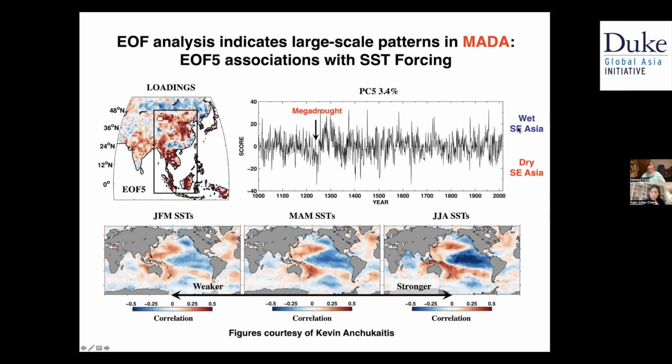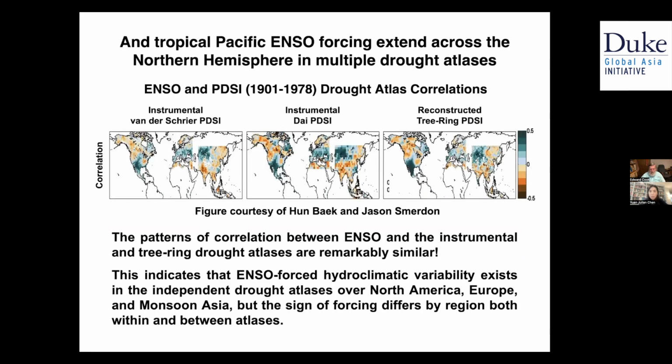We get this kind of seesaw pattern of wet Southeast Asia on this side when the coefficients are positive, and dry Southeast Asia when negative. This shows some interesting patterns of variability that, again, can be tied strongly to variations in the sea surface temperatures in the tropical Pacific. ENSO is, as I said earlier, the single strongest mode of internal climate forcing on Earth.